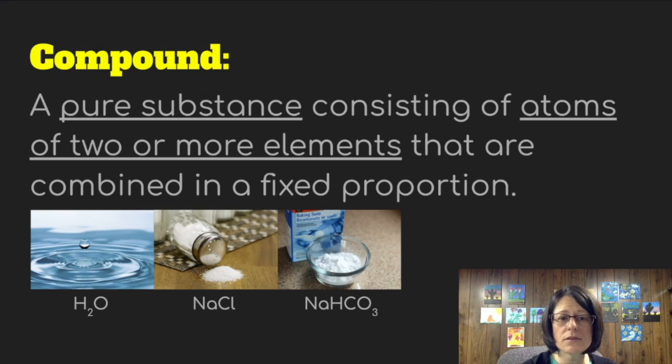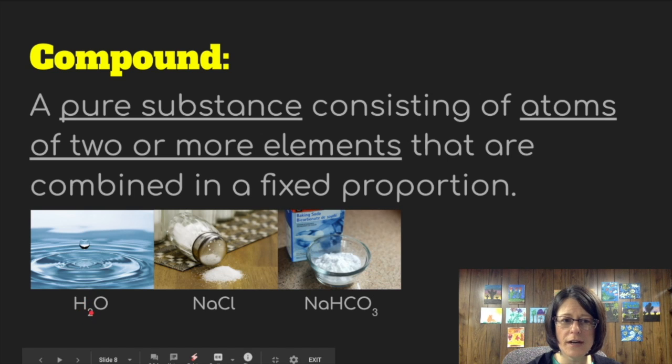There are also compounds. A compound is a pure substance consisting of atoms of two or more elements that are combined in a fixed proportion. So in my previous pictures of pure substances, the compounds are water, which contains hydrogen and oxygen atoms. But notice they're in a fixed proportion.